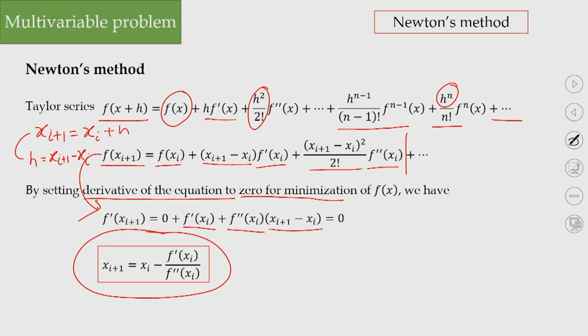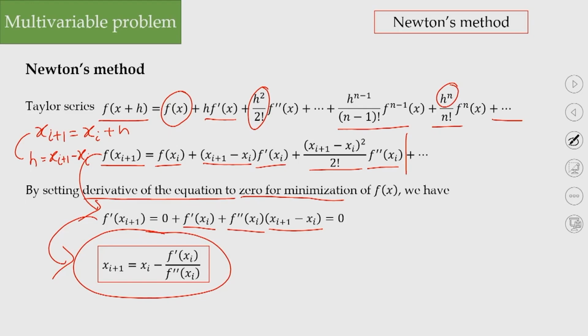So, this must be equal to 0, to find out the minima of this particular function. Now if I rearrange this, I get x i plus 1 equal to x i minus the first derivative at x i divided by the second derivative at x i. This equation, or this method, is known as Newton's method. So, you can find out the optimal solution iteratively.